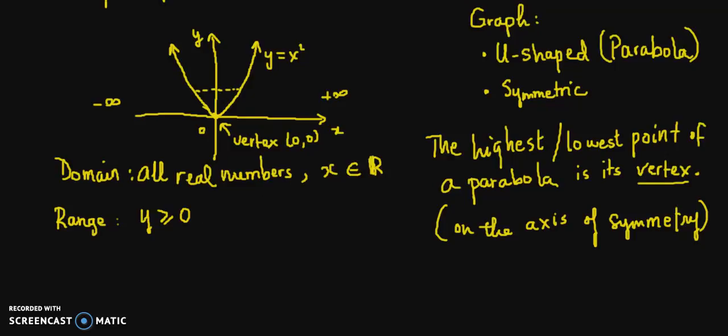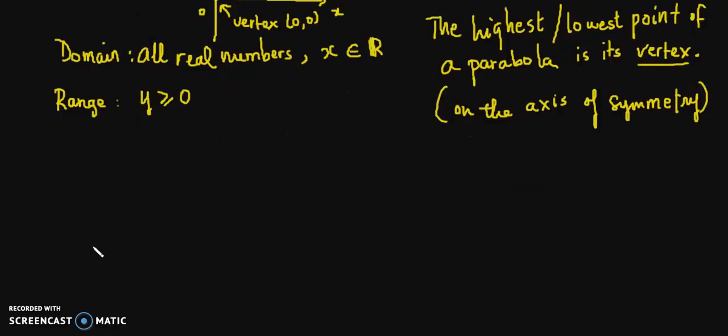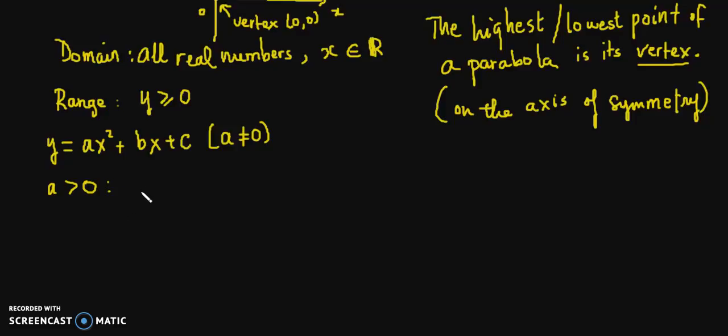And how do we find the symmetry? Actually, it all depends on a. Recall that the standard form of the quadratic function is y equal to ax squared plus bx plus c with a different from 0. Now, when a is positive, that means a greater than 0, the parabola opens upward.